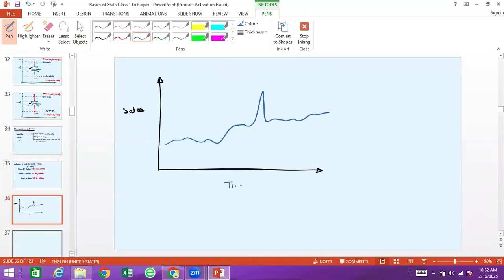This is time. So what is happening on this? This looks like an outlier. Most probably they had a big billion day sale on this particular day.